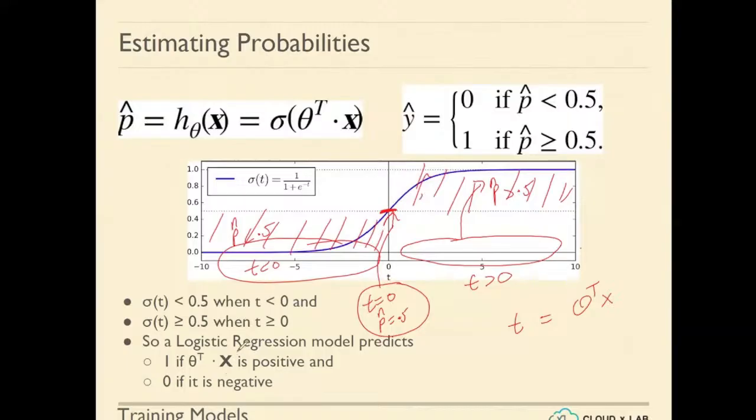So if theta transpose x is positive, then we will have positive class, or label is 1. If theta transpose x is negative, which means negative class, or label is 0, right? So label 1 means positive class, label 0 means negative class, right?